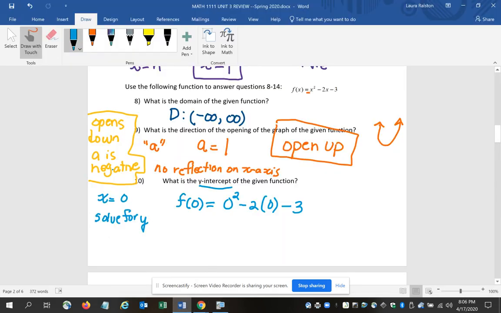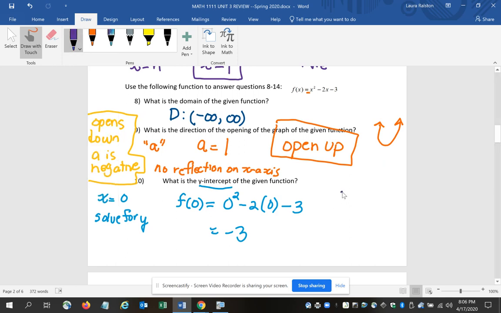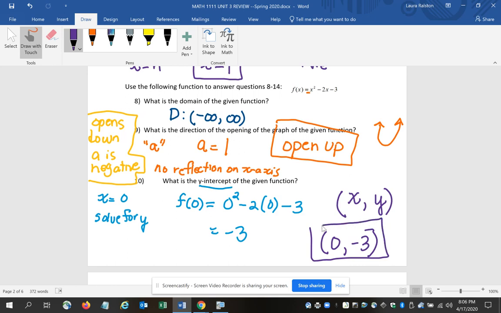Okay, so f at 0 here is going to be -3. And again, you're typically asked to express that as an ordered pair. So the ordered pair, which is always x comma y, would be (0, -3). Okay, so there is your y-intercept.